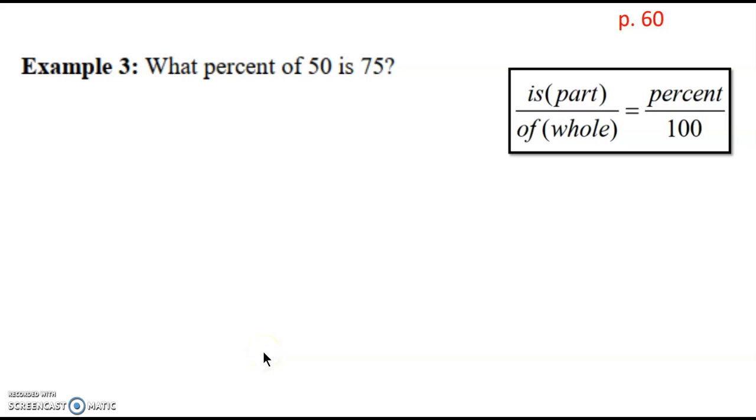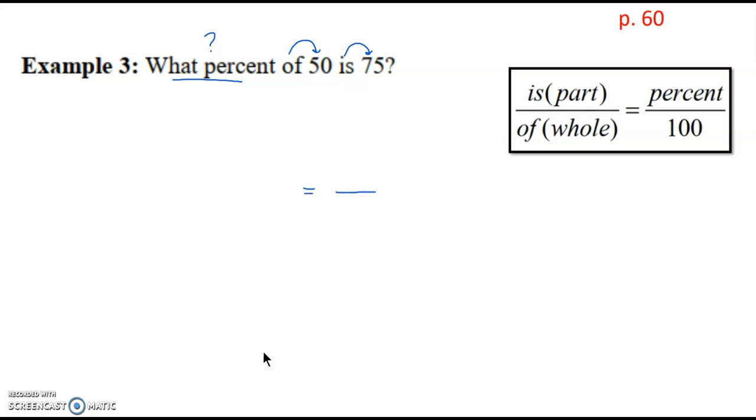For example 3, this time they're asking us what percent of 50 is 75. So we don't know the percent this time, so that's going to be our unknown. And then if we look at of 50 is 75, we can set up our percent proportion.